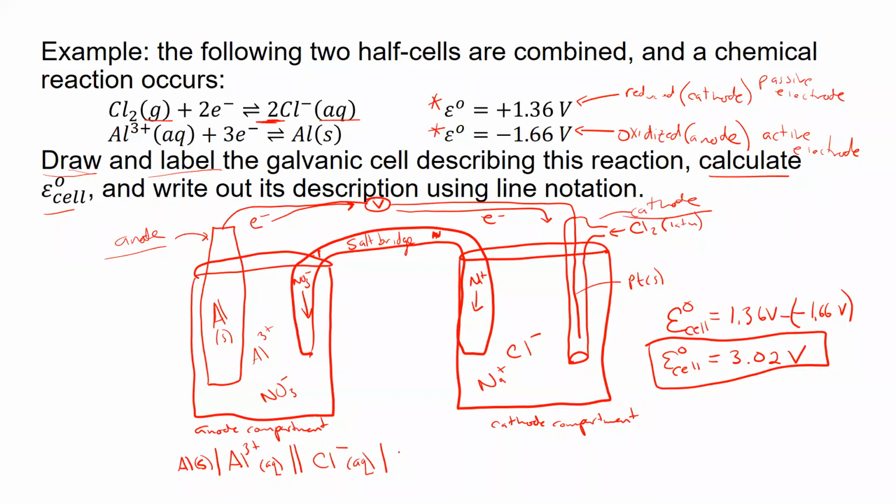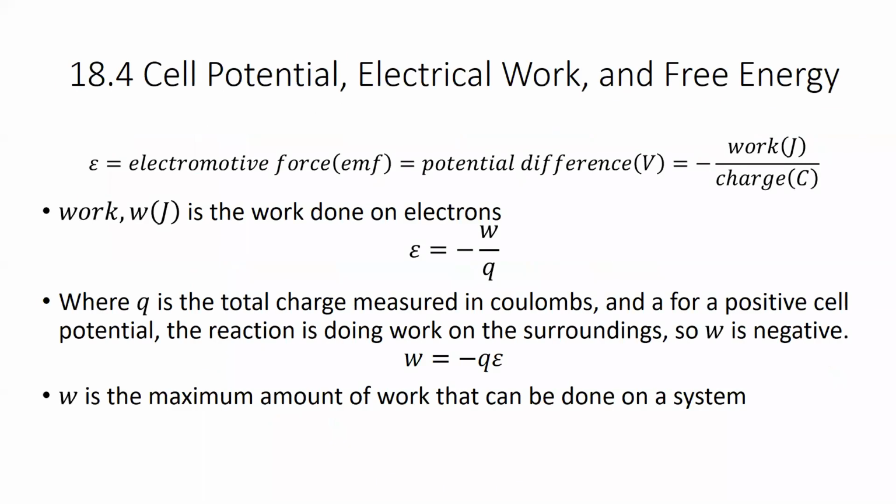The chlorine gas is being reduced at the electrode. So here you can do Cl2 gas, and then you have your electrode itself, which is made of platinum, so platinum solid. And so now you have this in line notation, and that covers a lot of these galvanic cells.